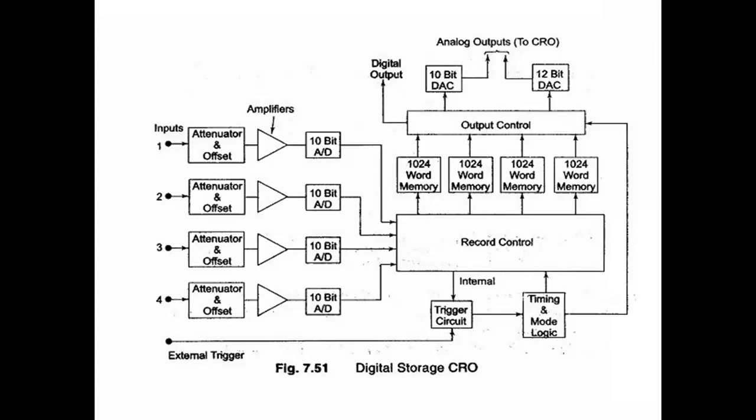By using recorders, we can take the printout of the actual output signal as a hard copy. In the CRO you get only the visualization, but by using a printer, taking the printout of the actual signal, we can get the hard copy of the signal. That is possible with the digital storage oscilloscope.